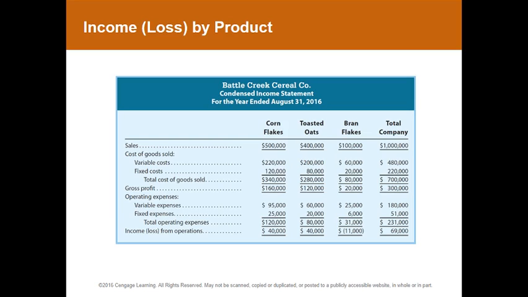Oh, it lost $11,000. Let's stop making it. That can absolutely have a negative impact on the overall company. Keep in mind, looking here, the company has $69,000 in total income after absorbing that $11,000 loss for bran flakes.